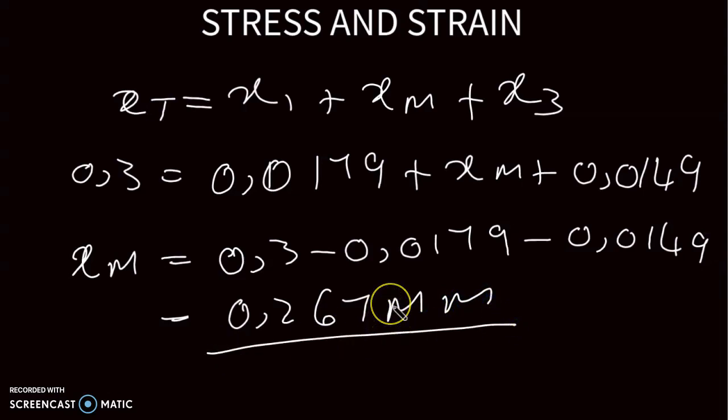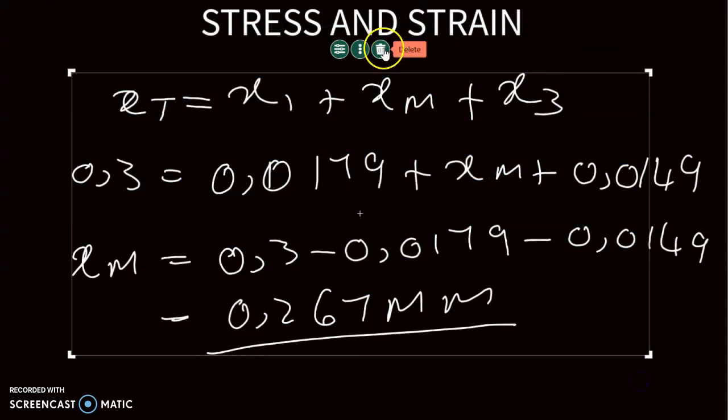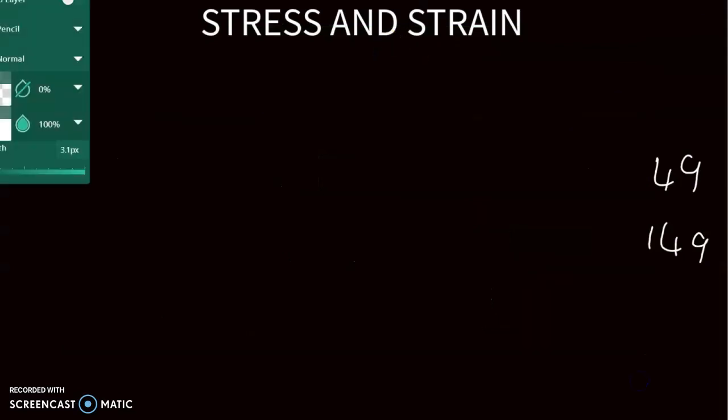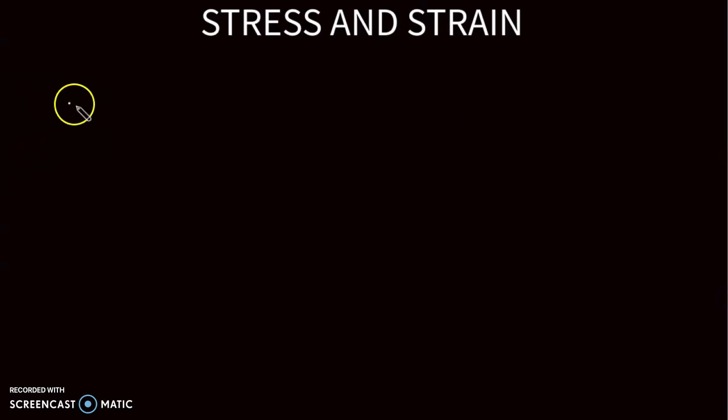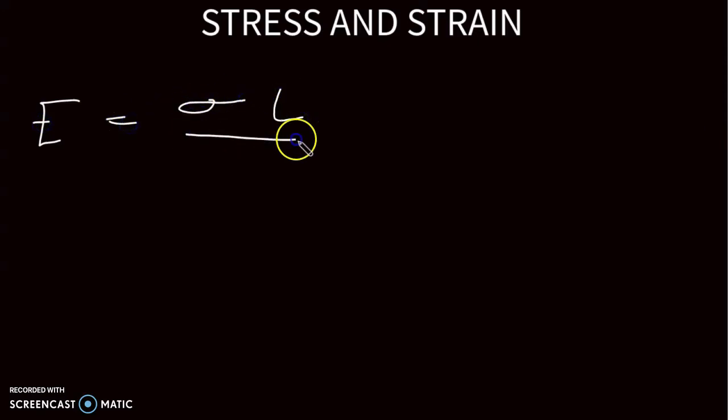We are not done. Remember, we are looking for the total length. So from here, we are going to continue to get the length of the middle section. Just erase this. So we are going to say the Young's modulus of elasticity is given by stress times length divided by change in length.